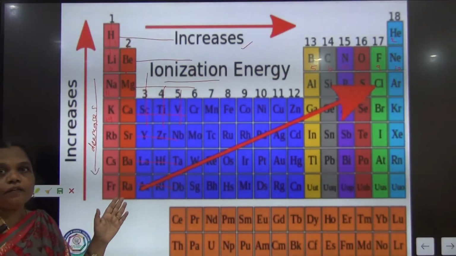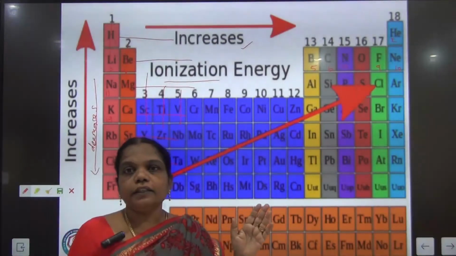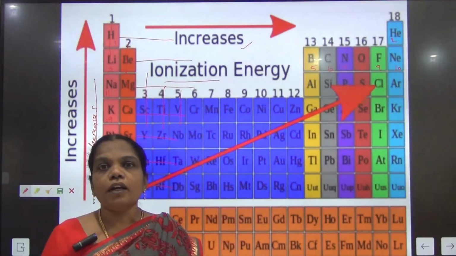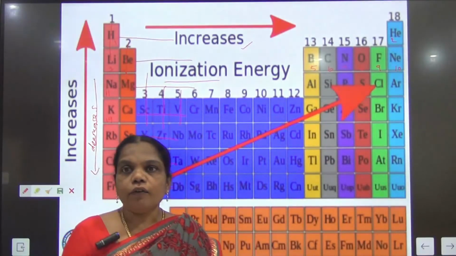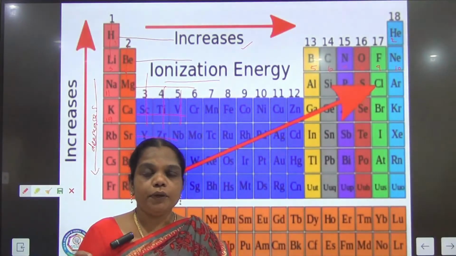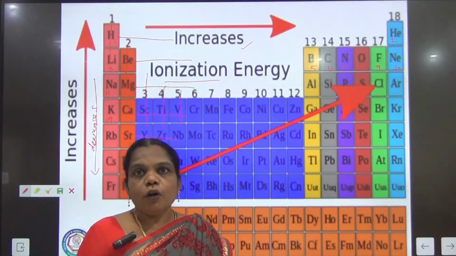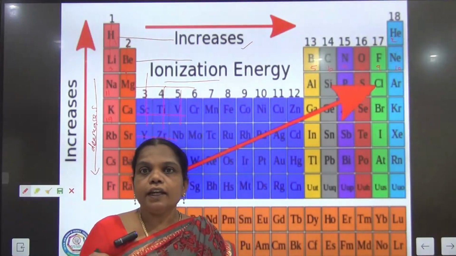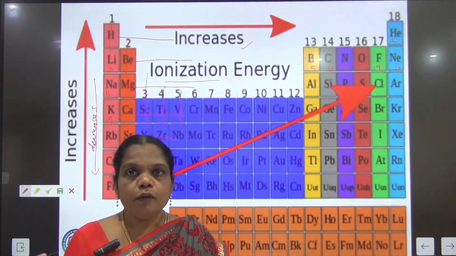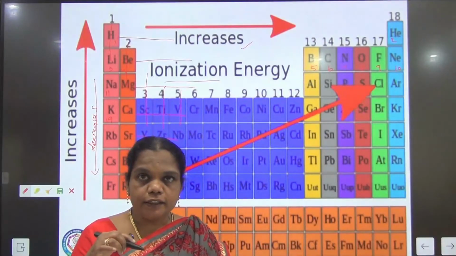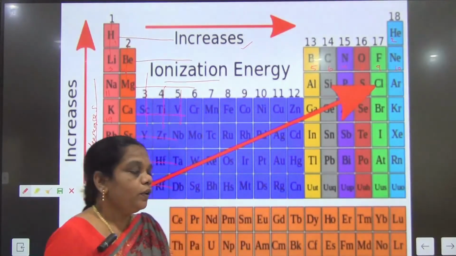So why is there a variation in the ionization energy even though the atoms are arranged in increasing order of atomic number in both ways, along the period as well as down the group? Why is there an increase in ionization energy along the period and a decrease down the group?